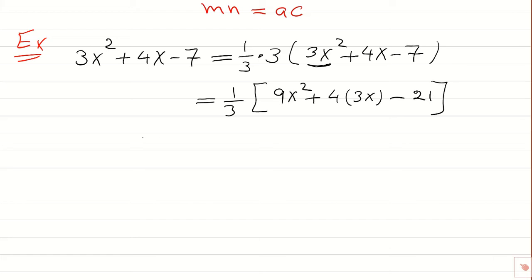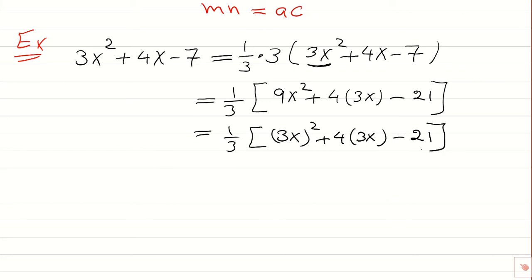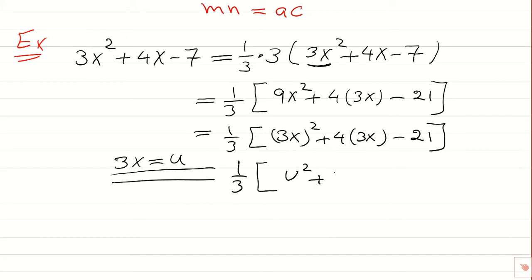And then if you write it again by 1 over 3, this 9x squared can be written as (3x) to the power of 2 plus 4 times 3x minus 21. And then here, if you set 3x as a new variable that we call u, then you have 1/3 of (u squared plus 4u minus 21).